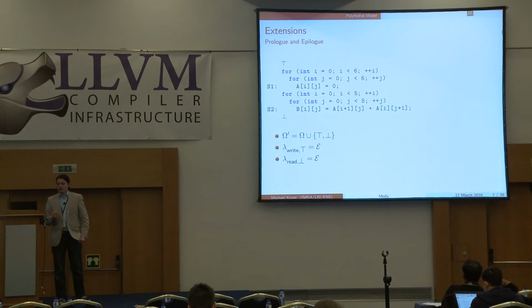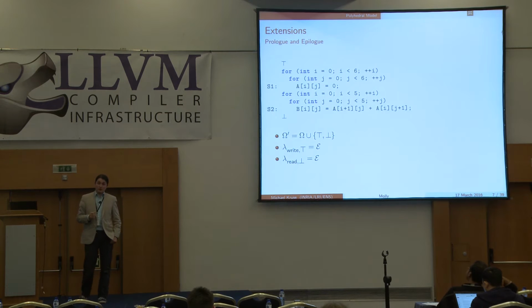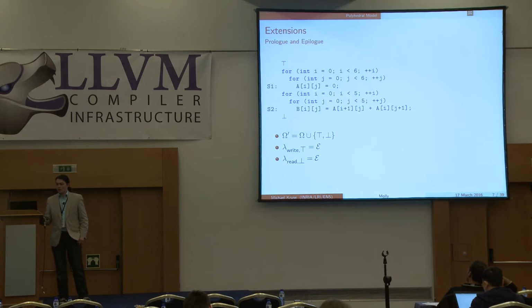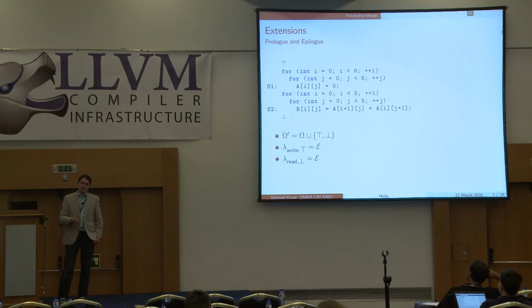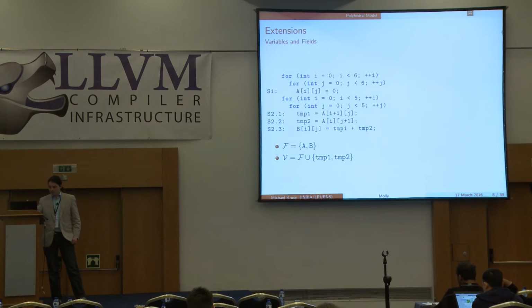So virtually we can think of the top node as producing all the values, which might then be consumed by statements within the scope, and the epilogue node consuming the values produced.